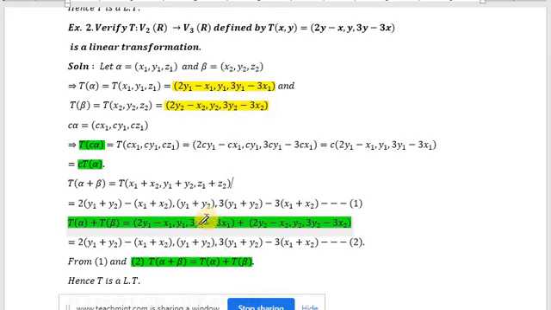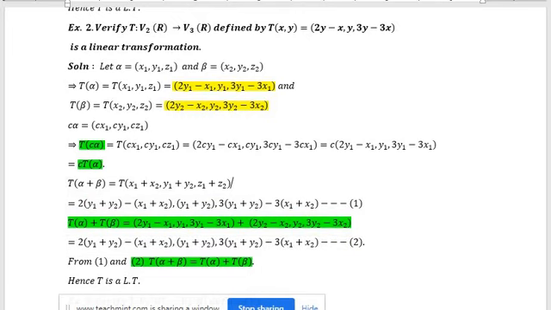See, we have just substituted the T of alpha and T of beta values here. Now by simplifying, we take the first terms together, that is 2 of (y1 plus y2) minus (x1 plus x2), then by adding the middle terms, y1 plus y2, and the last terms, 3 of (y1 plus y2) minus 3 of (x1 plus x2). Consider this as equation 2.